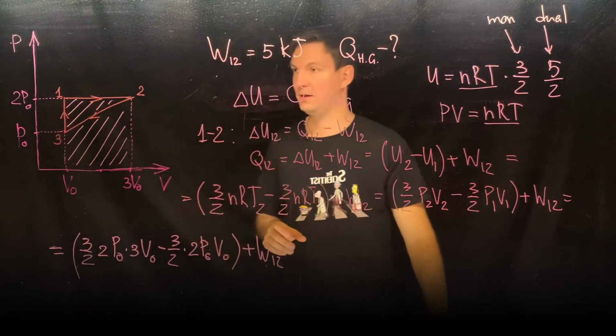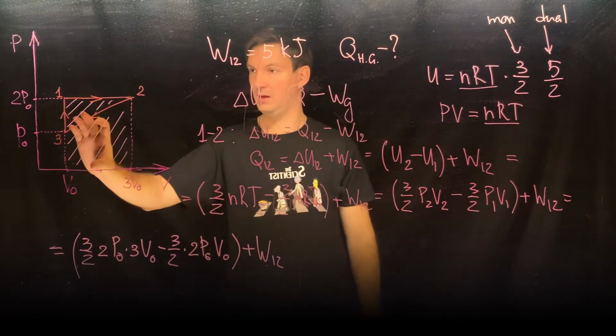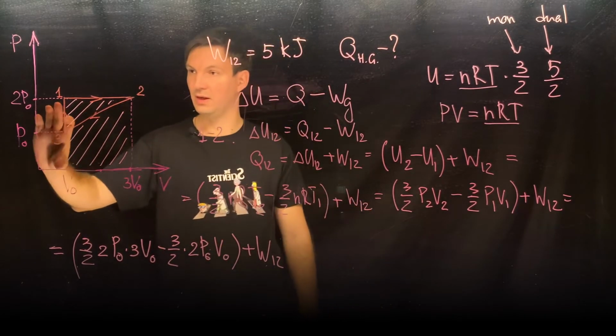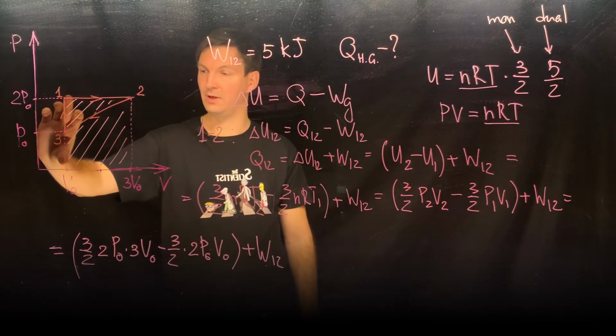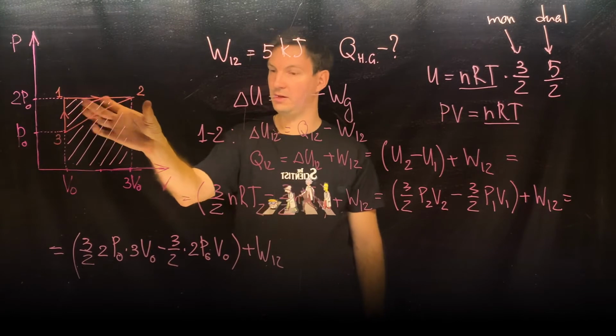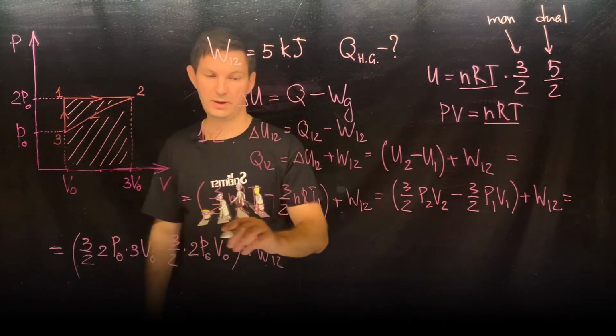We can see that it's a rectangle, and its area is one side of the rectangle multiplied by the other side.